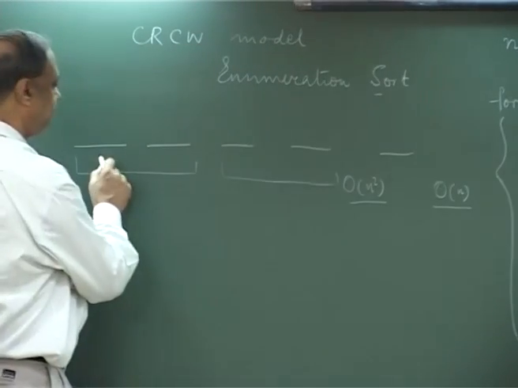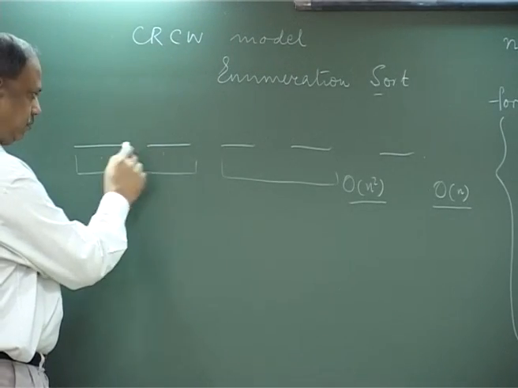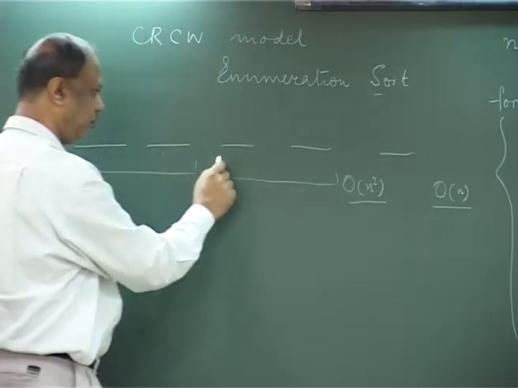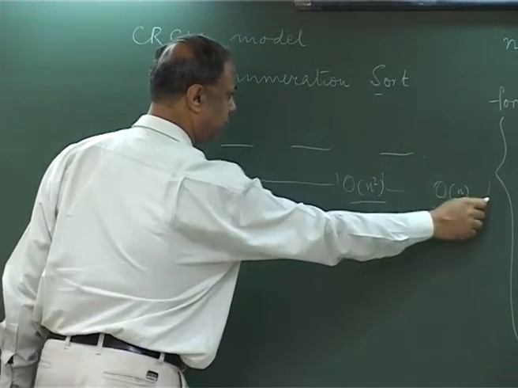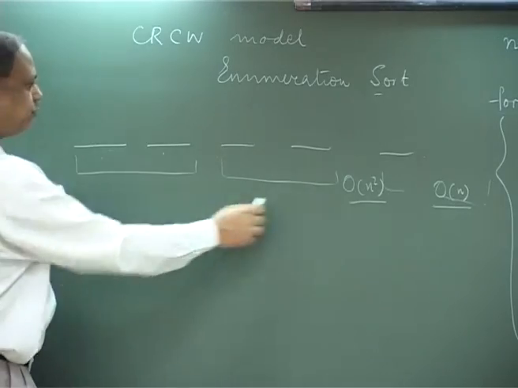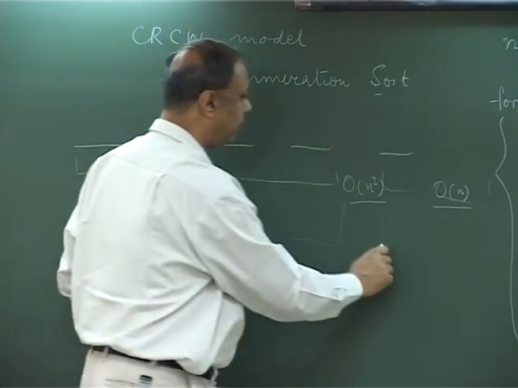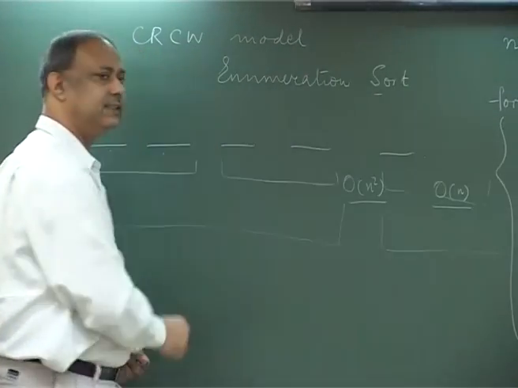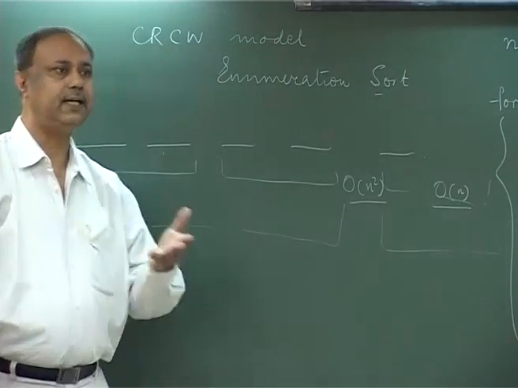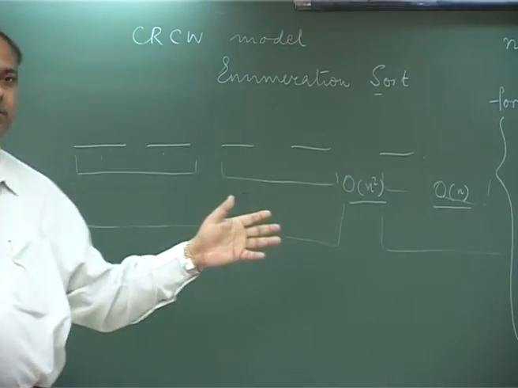So use 2 processors to merge these two, 2 processors to merge these two, and so on. Next time use 4 processors to merge this, 4 processors to merge this. Next is 8 processors to merge this, and so on. That algorithm we have discussed, so the same idea we'll be using here.